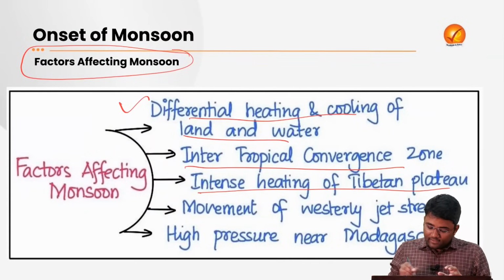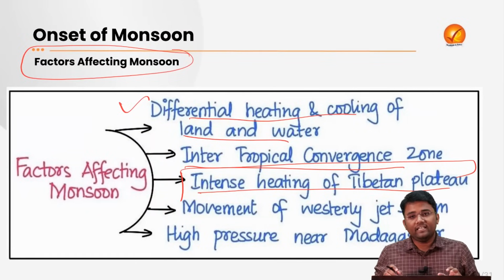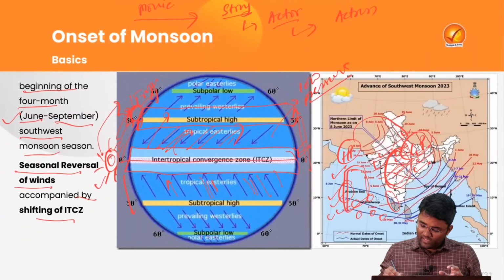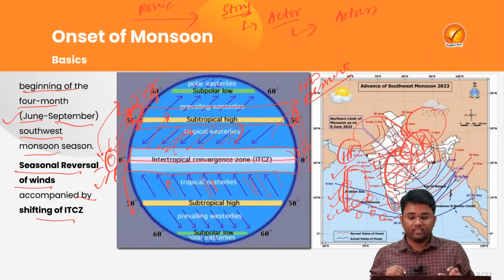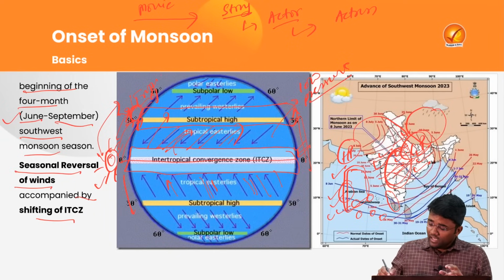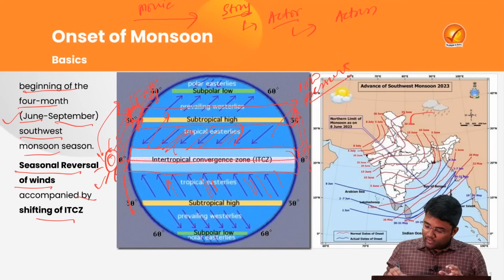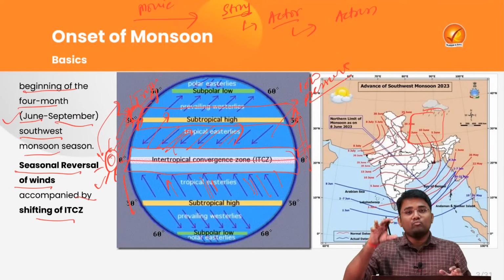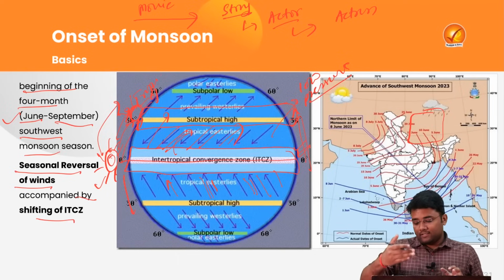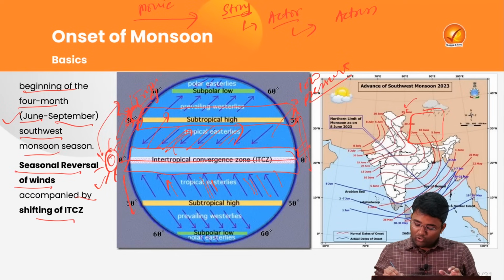Now, the third reason is the intense heating of the Tibetan Plateau. Somewhere here the Tibetan Plateau is located. Now, what happens when the sun is shifting towards the Tropic of Cancer? Due to the apparent movement of the sun towards the Tropic of Cancer, a lot of heat is provided by the sun, and this Tibetan Plateau gets heated.